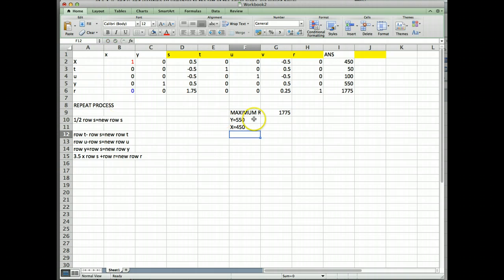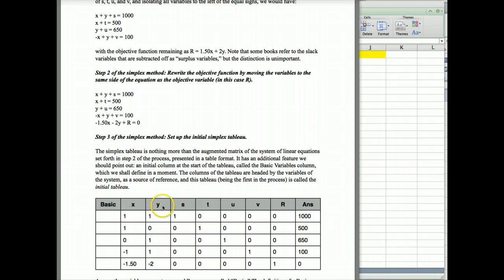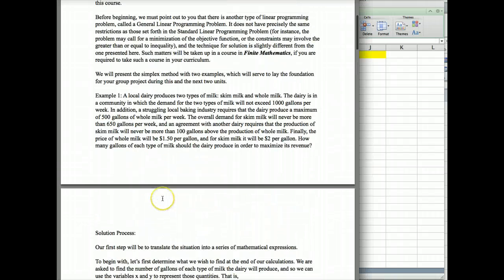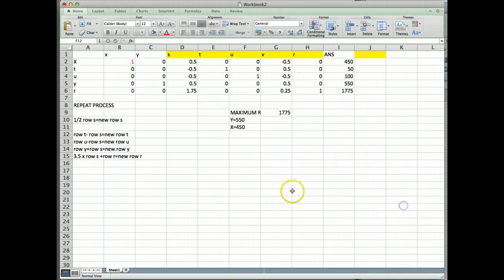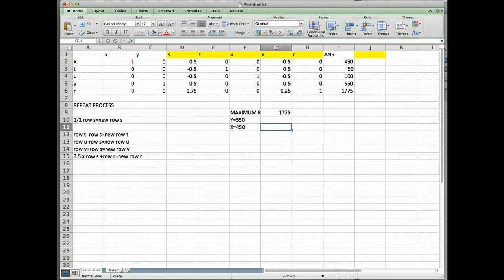So that's telling us that your maximum revenue of $17.75 is found when you have, I can't remember which one was which now, which one was skim and which one was whole, but X was whole, 450 gallons of whole milk and 550 gallons of skim milk.